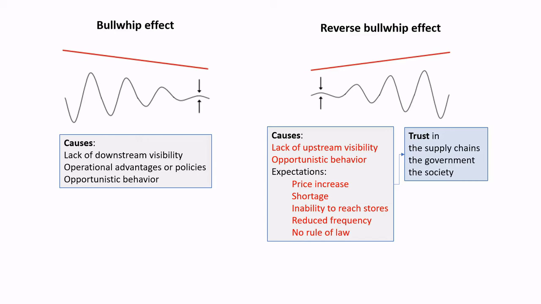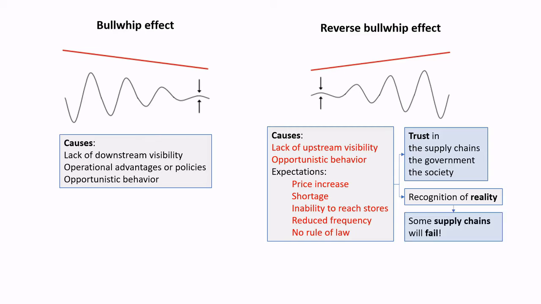And the other thing is that maybe these responses are just a recognition of reality. Maybe some supply chains will fail. That's possible. For example, if you are talking about a product that relies very much on overseas businesses, for example, in the case that we're living in China at some point, maybe right now no longer.